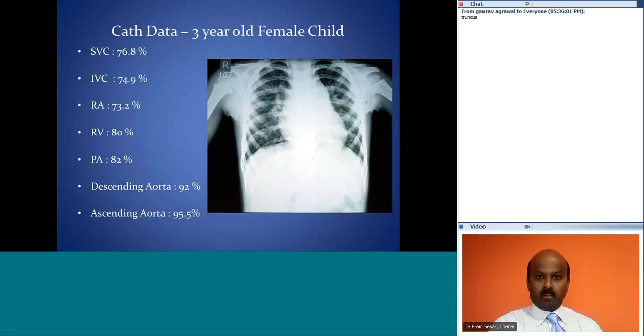So this is our next slide, which is cath data on a 3-year-old female child. If you could just look through the data and give me your diagnosis along with the X-ray findings.